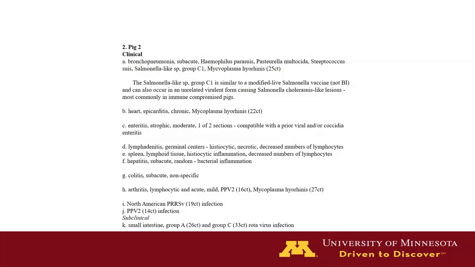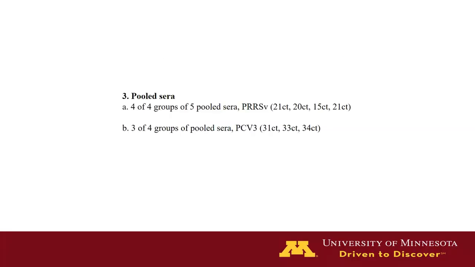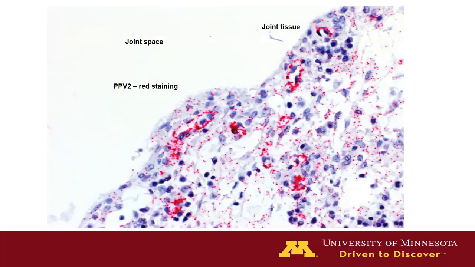I like to hunt for viruses. And so we're finding, I said, PRRS, parvovirus, and lots of bacteria. We also had serum for that group, and so we had positive PCRs for PRRS, and PCV3 we did find in serum in there.